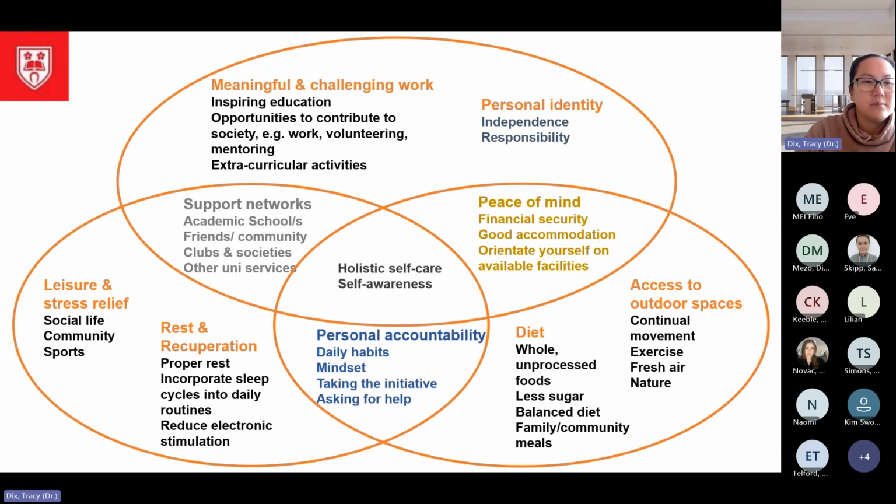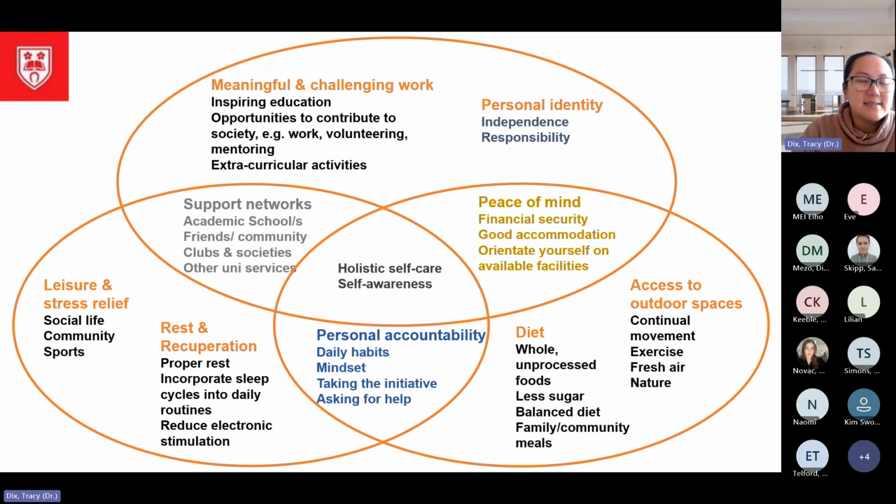So it could have been things like personal accountability. So we're talking about mindset, your daily habits. It could have been diet, which I didn't particularly touch on earlier, actually. What constitutes a good diet, how it could feed into things like your social life and community.